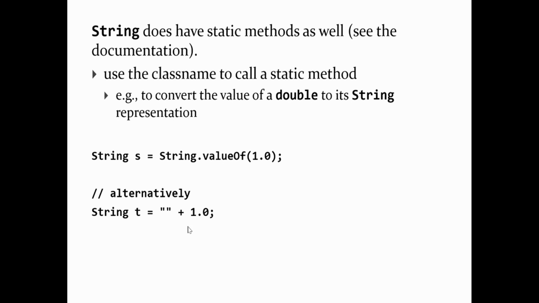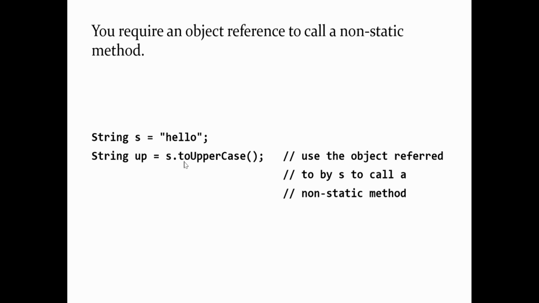You can always use string concatenation. If you want to get the string representation of anything in Java, you can always write an empty string plus whatever it is you want the string representation of. That always works. If you really want to, you can write out String.valueOf. That also works. But notice here, static method, use the name of the class. Over here, non-static method, I need an object reference, or I need a variable.